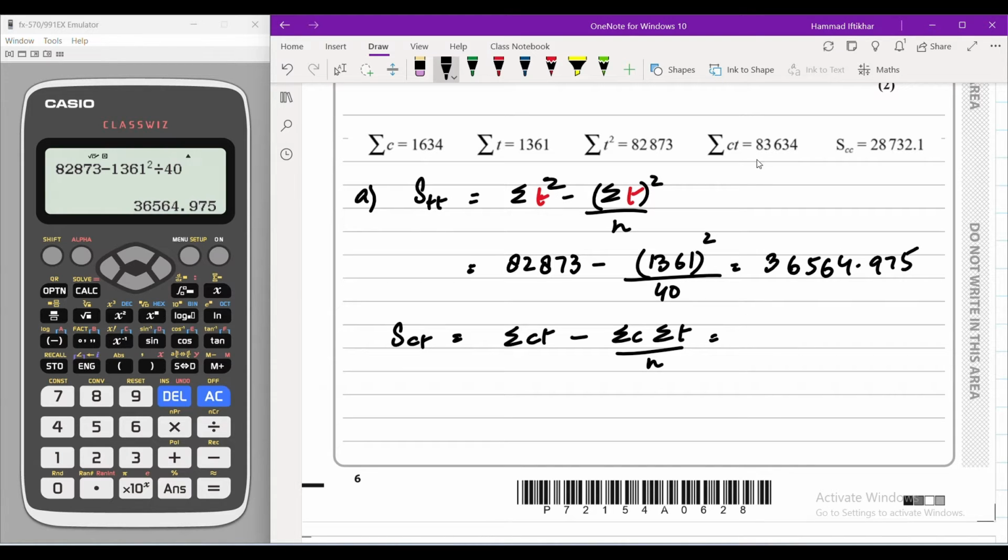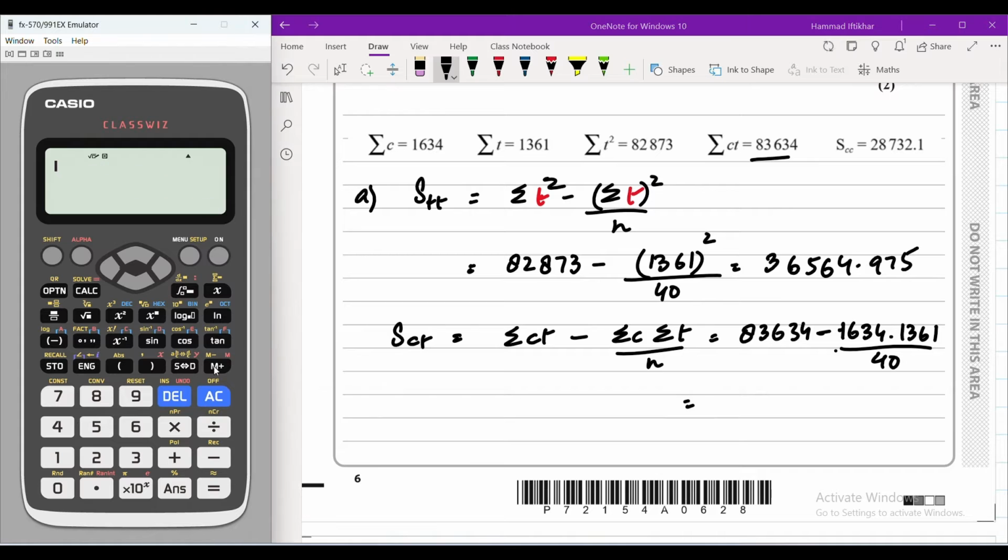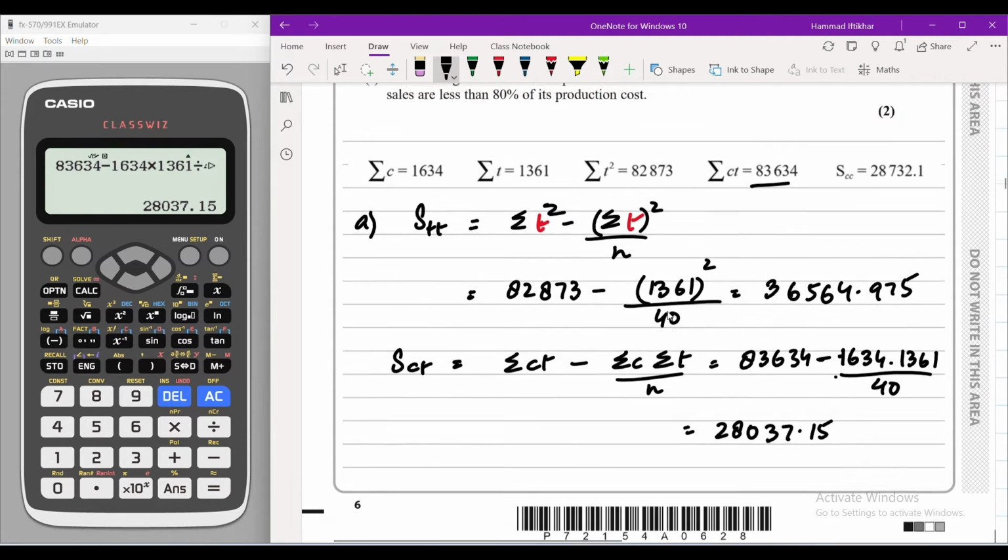So we have 83634 minus 1634 times 1361 divided by 40. We get 28037.15.